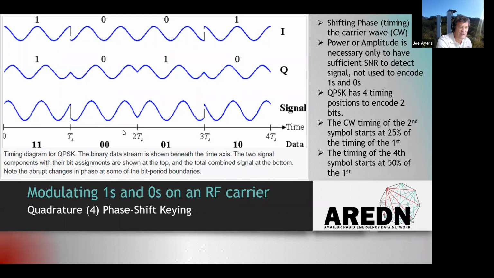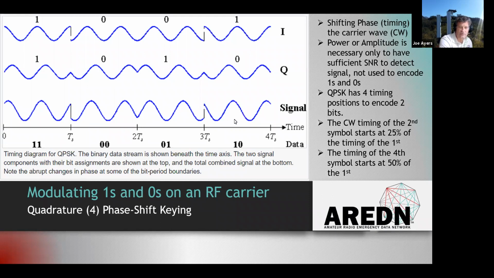Look at this second period of time where we've changed it. See where it starts in the timing of that carrier wave: it's about 25% of the way through the timing of the first symbol.